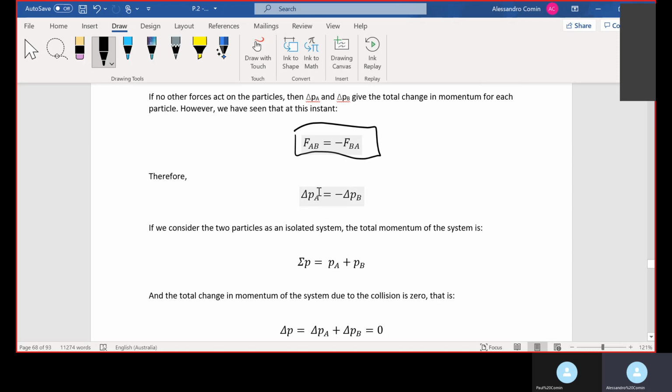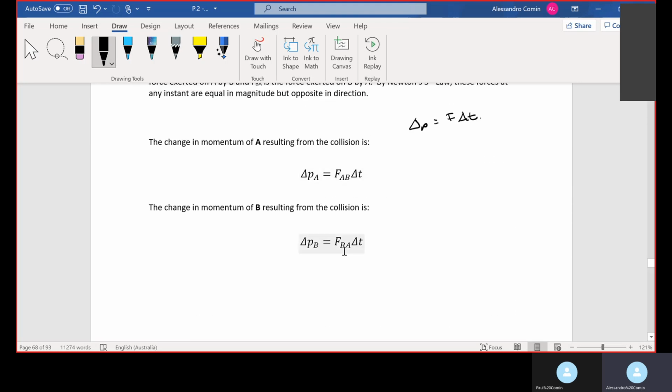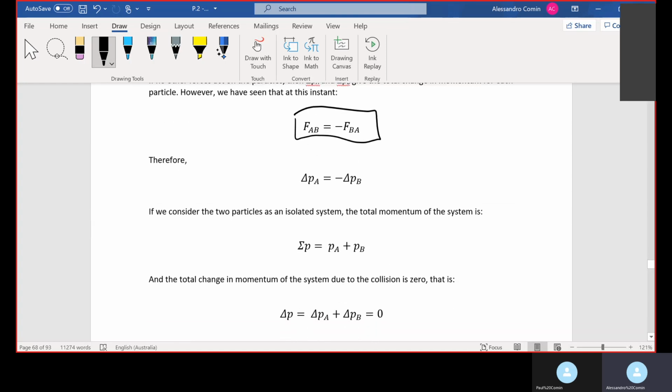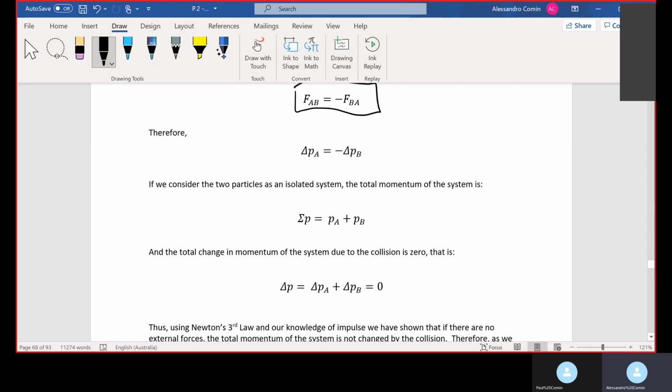But hence, if delta T is equal for both, and FAB is equal to minus FBA, that means that this side is technically equal to this side. So the change in momentum of A must equal the minus of the change of momentum of B. But what does that mean?